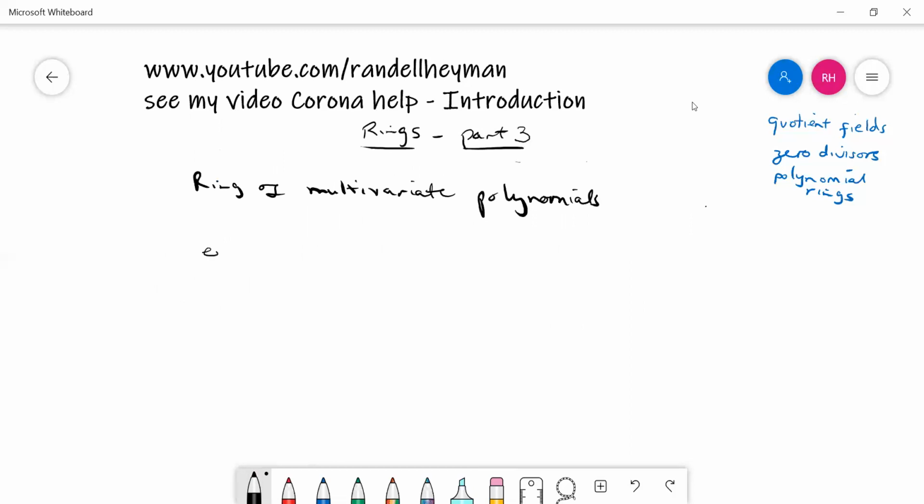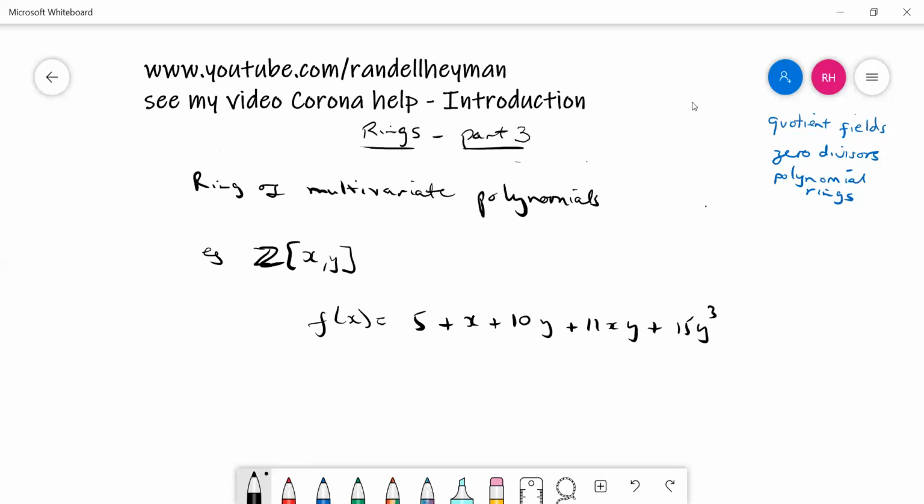So here, for example, I'm thinking of something like Z. Rather than just having X, we might have X and Y. And so an example of an element here might be f(x, y) equals 5 plus x plus 10y plus 11xy plus 15y cubed, something like that. So this is multivariate polynomials.